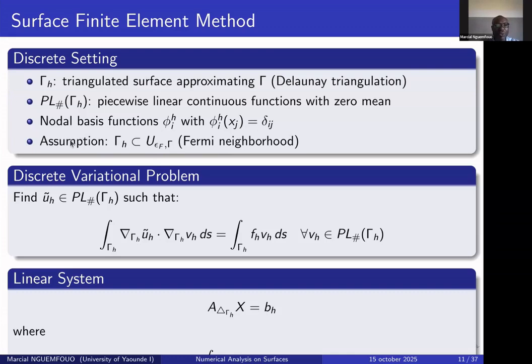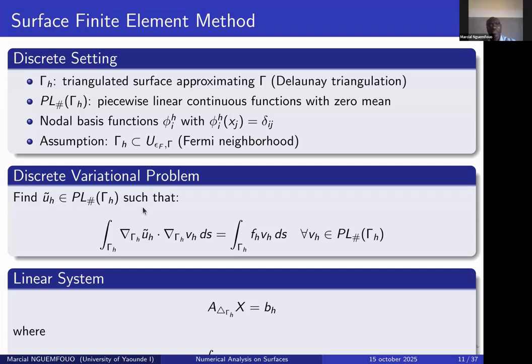The assumption is that our gamma H needs to be in the neighborhood, including the tubular neighborhood, of the initial surface. And we have our discrete formulation like this, giving U H tilde in our piecewise linear continuous function space.